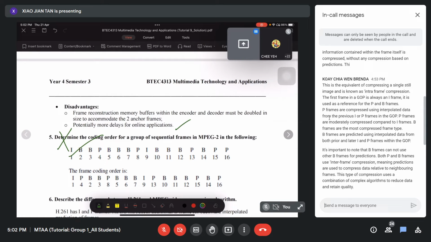Because when you play a video offline and you play the same video online, it will be different. When you play the video online, you need the data rate, the bandwidth, to buffer the video.